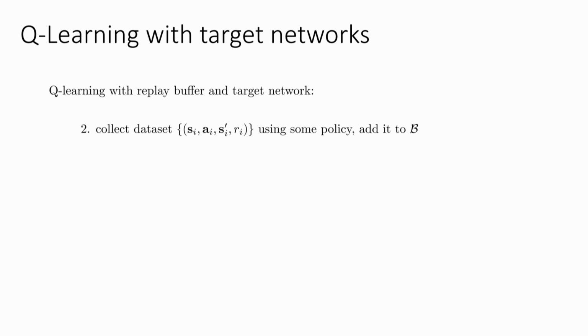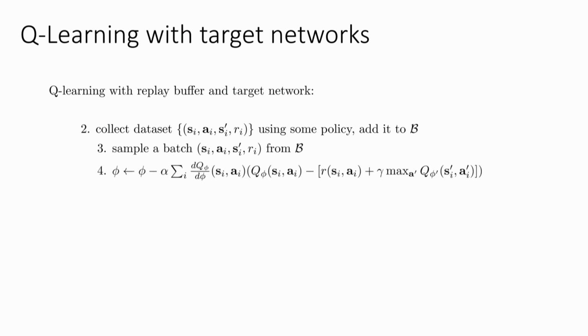In this algorithm, we're going to again collect our data from some policy, add it to your buffer. Then in an inner loop, we sample a batch from the buffer. And then we take a gradient step like before, but there's an important difference. The difference now is that when we compute our target value over here, we don't use Q phi, we use Q phi prime. What is phi prime? Phi prime is some other parameter vector.